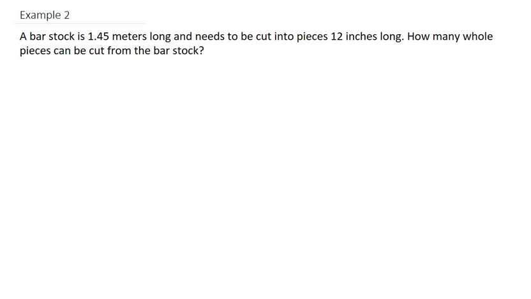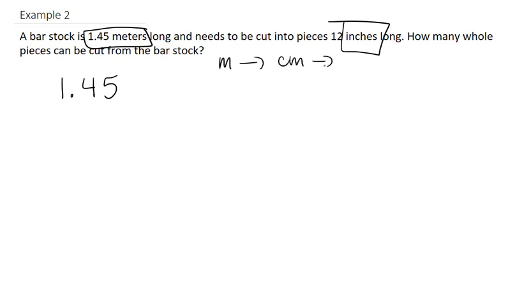So the first thing we need to do is convert meters to inches, and then we can divide whatever we have in inches by 12. So the first step, we have 1.45 meters, and we need to get to inches. We can go from meters to centimeters, and then from centimeters to inches. So this is our roadmap.